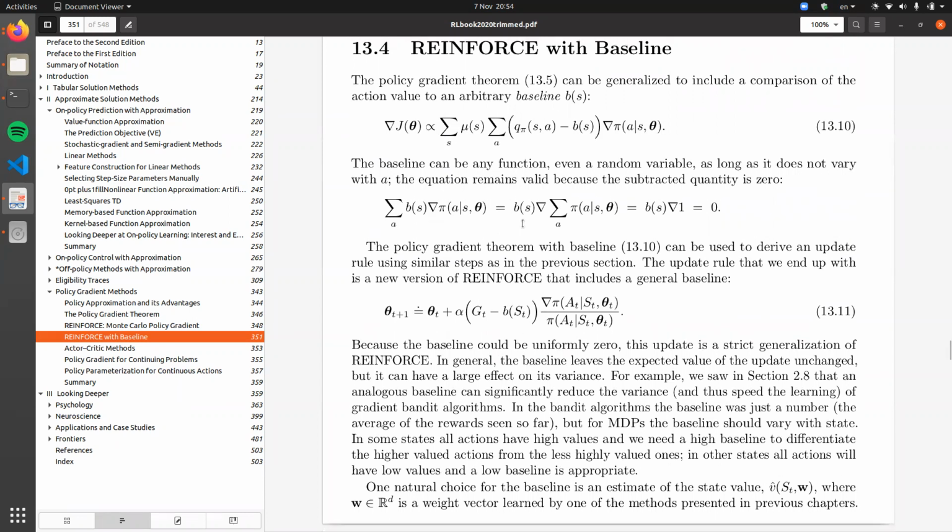What is interesting is a way to reduce the variance for this kind of algorithm. The most basic way to reduce the variance here is to use a so-called baseline.